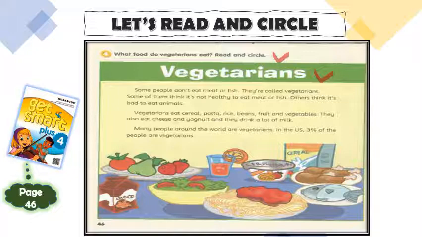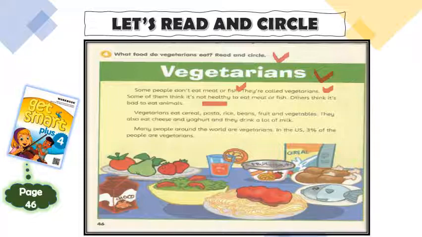Let's read the first one. Some people don't eat meat and fish. They are called vegetarians. Orang yang tak makan ikan dan makanan berdaging, kita panggil mereka vegetarians. Some of them think it's not healthy to eat meat or fish. Sebab mereka ingat macam tak sihat lah.